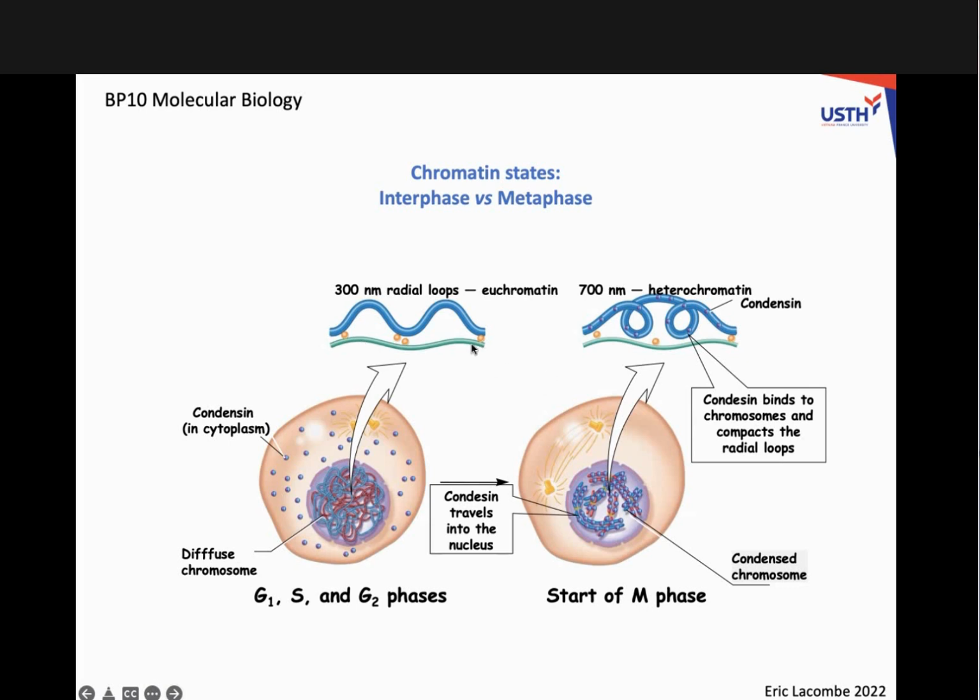In green, this is the matrix of the nuclei, and all the genomic DNA is linked to the nuclear envelope by some proteins that we call condensin. That's not a problem. But during the M phase, so during mitosis, where there is separation of the chromosomes, this chromatin structure is going to be highly condensed in order to form the individual chromosomes that will be separated during the late telophase.